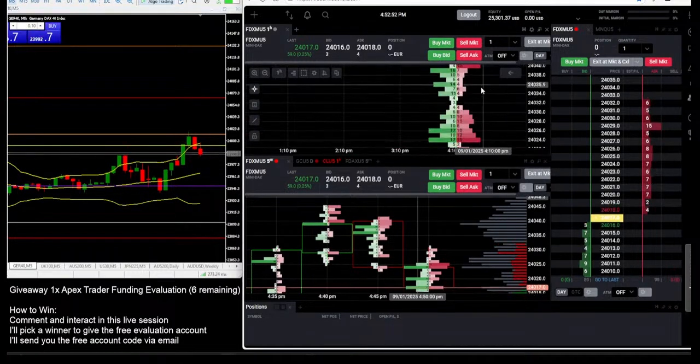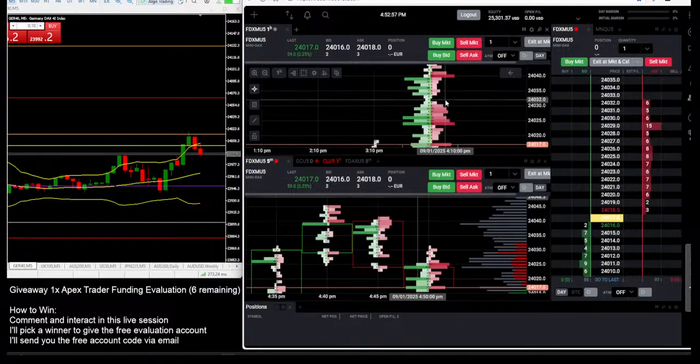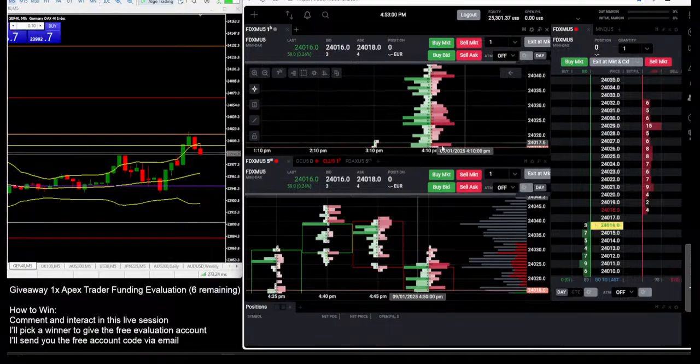There was a massive order. Let's say this 15 was, say, like a 50, and that was a really good indication that the market was probably going to turn around.